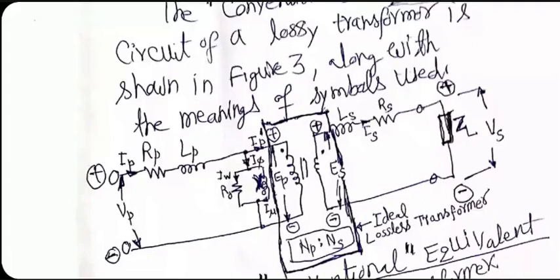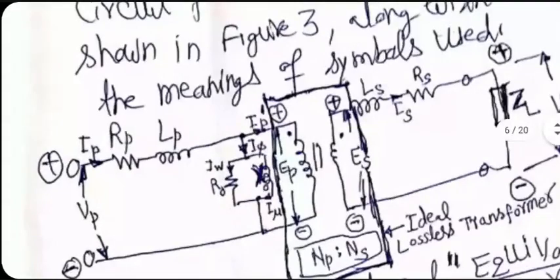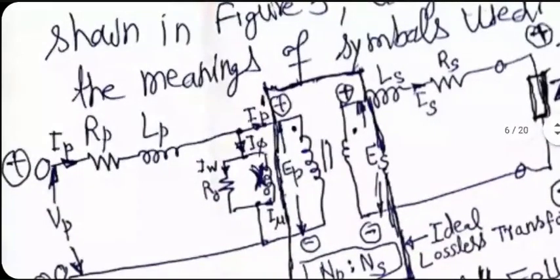Now the primary winding has resistance and inductance. They are being captured by putting RP and LP in series with the primary winding. So VP and EP will not be the same anymore. The core loss is approximately described by putting a parallel circuit on the primary side after RP and LP generally.